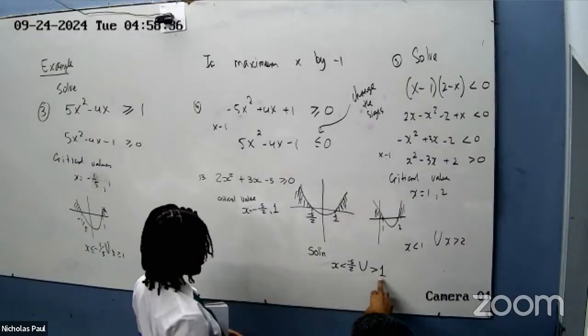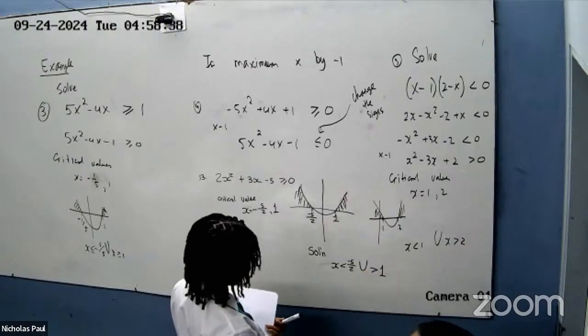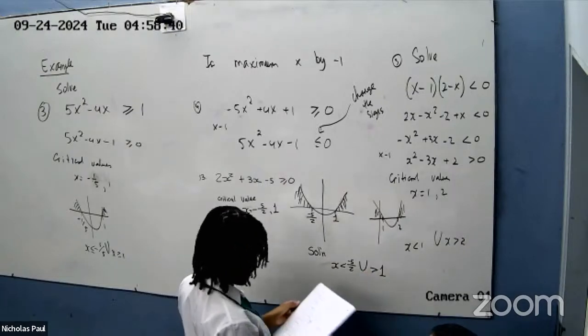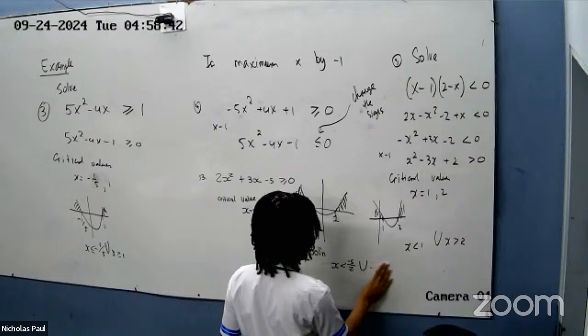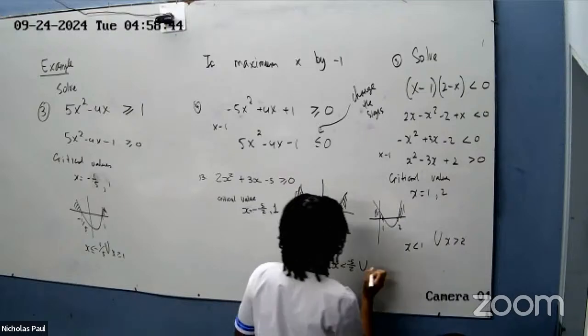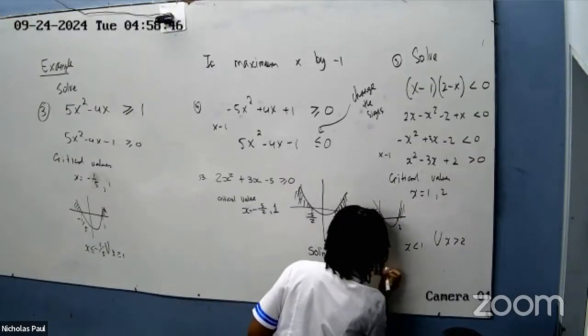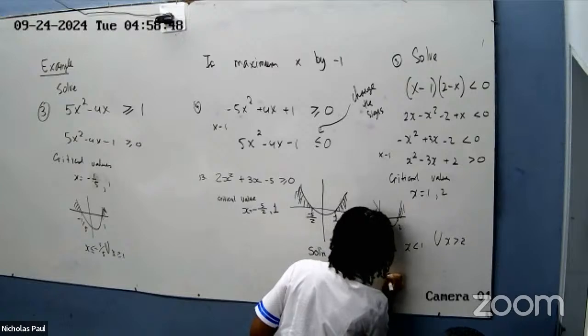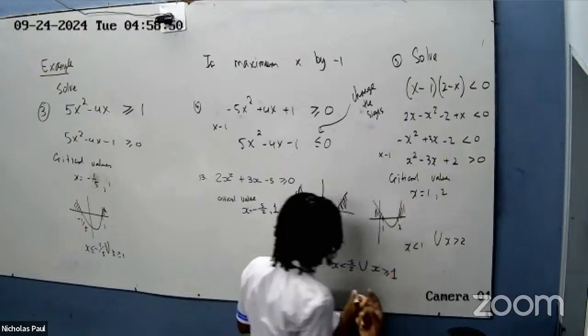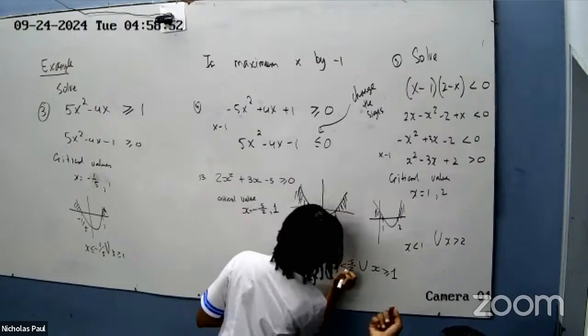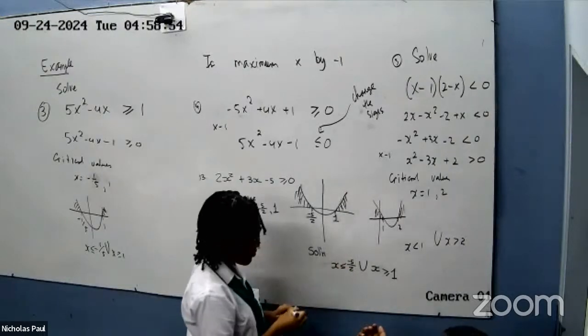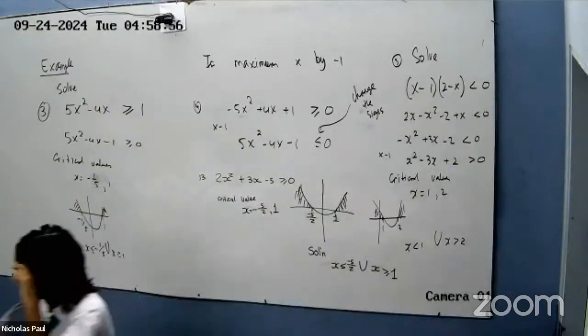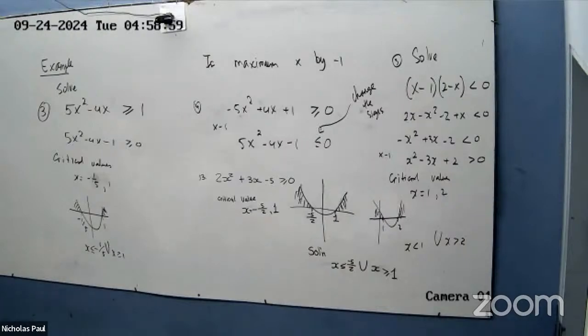Less than or equal to, with x to 1. More than. Very good. You're okay with it? So you have it online, you're okay with this? So you should have this.